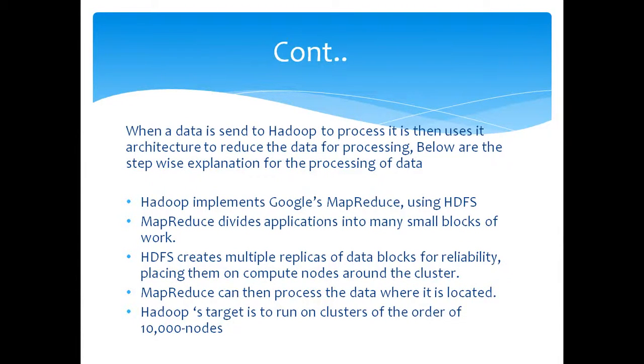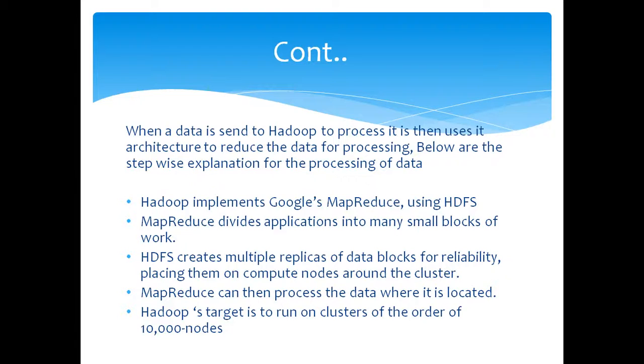When the data is sent to Hadoop to process, it will use its architecture to divide the data. The process consists of a lot of things, and I will give a brief explanation of how the data is going to be processed in Hadoop. Hadoop uses Google's MapReduce with the Hadoop distributed file system.